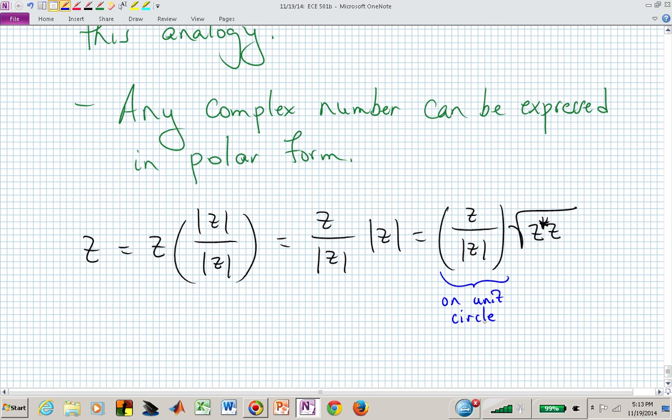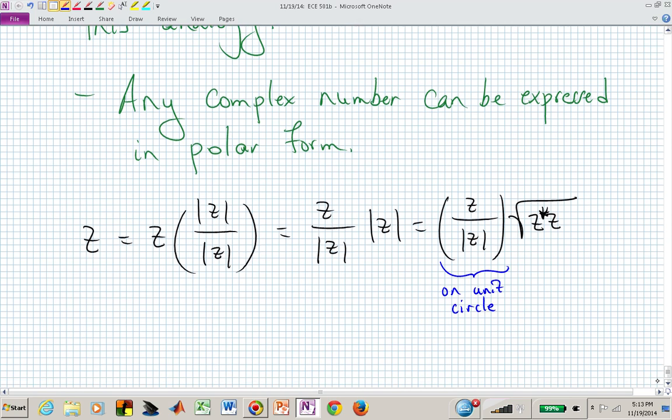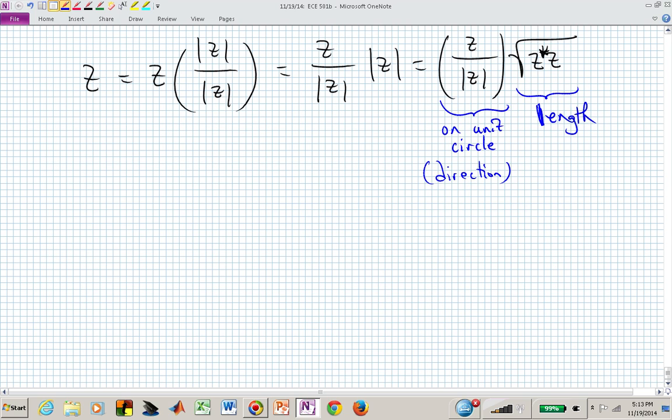That's a normalized vector in the complex plane, corresponding to a direction. And this is just a length. So this representation of a complex number suggests a way of decomposing a linear operator.